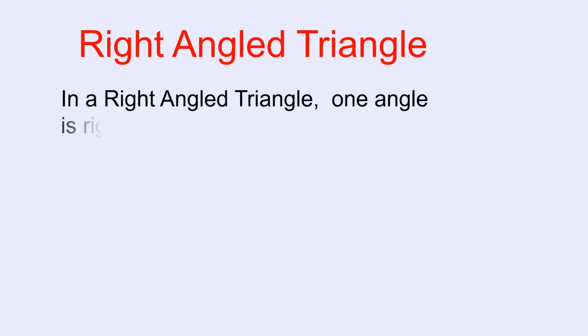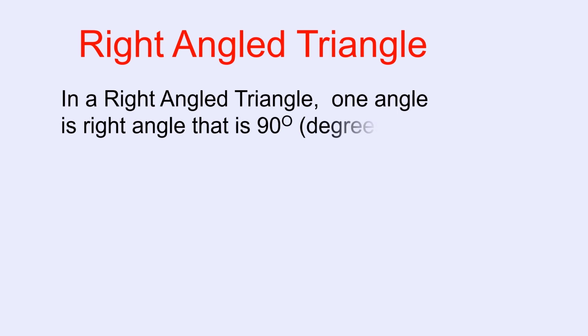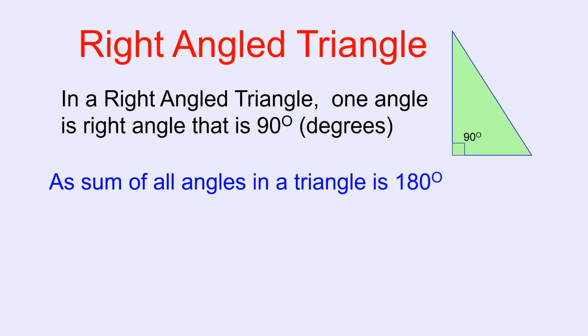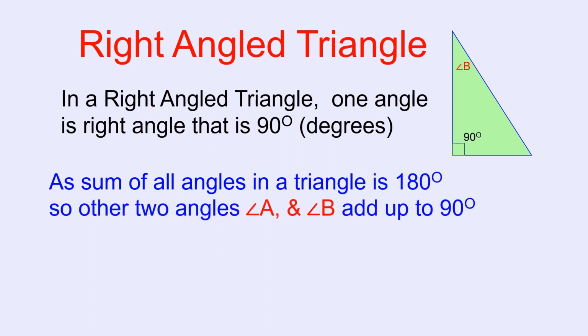Right-angled triangle. A right-angled triangle has one right angle, that is 90 degrees, as the sum of all angles is 180 degrees. So the other two angles add up to 90 degrees.